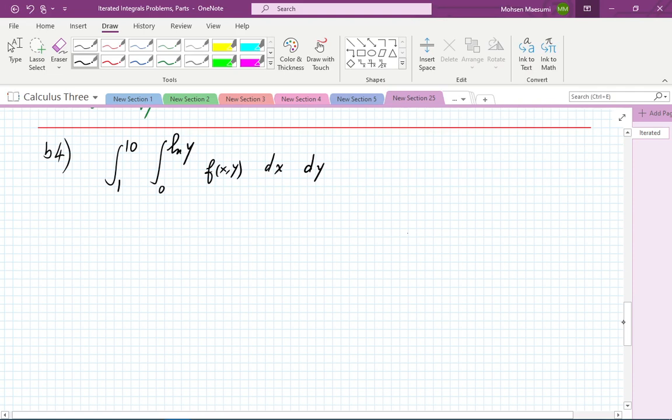As you remember, the question was to exchange the order of integration and sketch the region on which the integration is being done. The particulars of f of x and y do not concern us right now. We're just understanding what the limits mean.